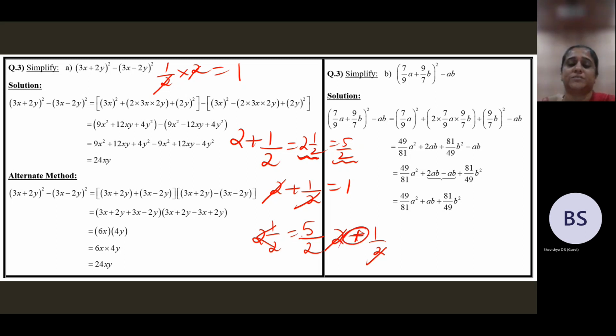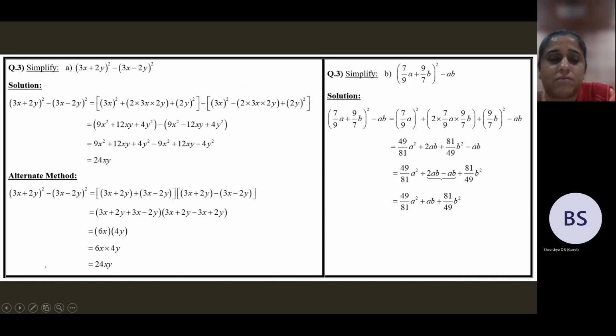Now, supposing it was 2 plus 4 into 1 by 2, you can cancel this 4 and 2 because between them it is multiplication. But you cannot cancel this 2 and 2 because between them there is a plus sign.